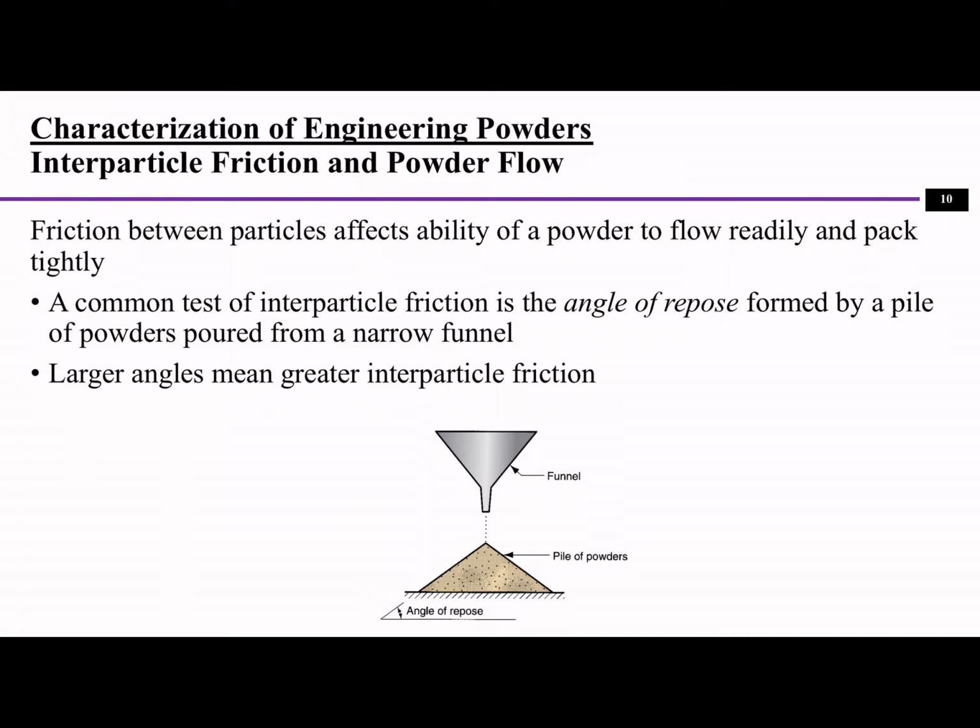If you use a funnel to pour the particles onto the ground, it will create a pile of powders, and the angle of repose is the angle of that pile. If the friction between the particles is big, the angle of repose will be bigger. So larger angles usually mean greater interparticle friction.